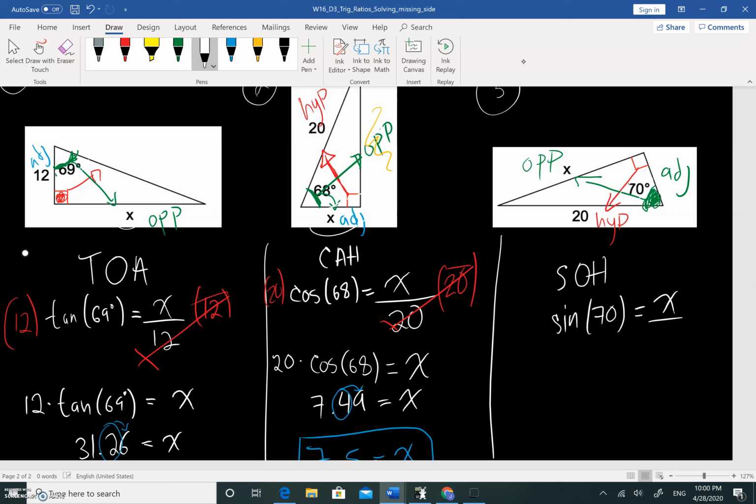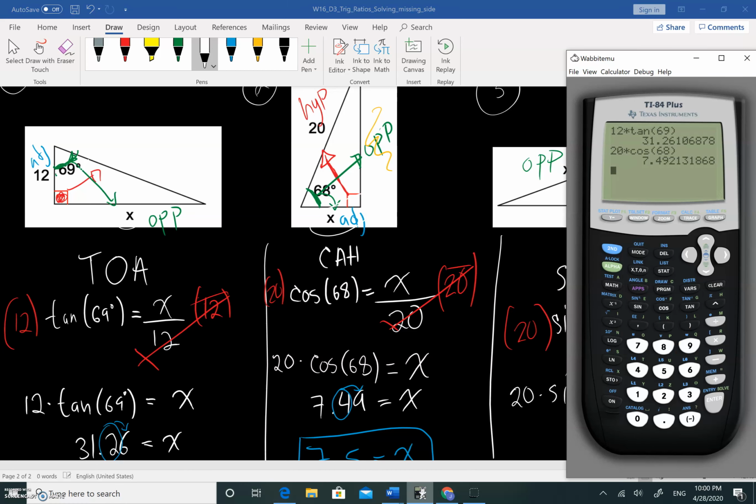So it's going to be x over 20. And then from here, we have to go ahead and multiply both sides by 20. So these two cancel out, become a 1. My answer is going to be 20 times sine of 70 is equal to x.